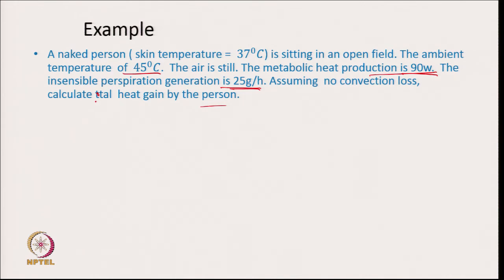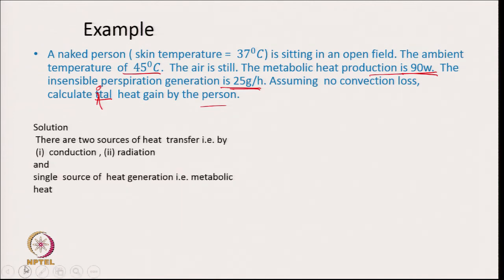So, this is basically the total heat. The solution is, there are two sources of heat transfer, conduction and radiation. Why is convection not there? Because air is still, so there is no convective heat loss. And there is a single source of heat generation, that is metabolic heat generation, because the body is generating 90 watt of heat.